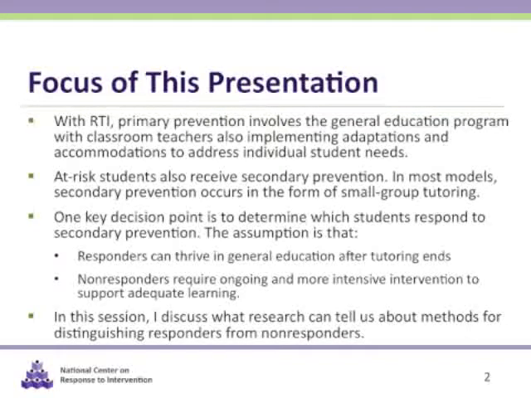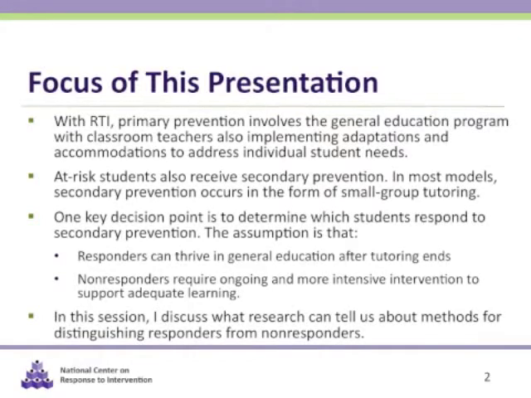One key decision point within RTI is to determine which students do and do not respond to secondary prevention. In making these decisions, we want to be as sure as possible that the children we designate as responders will in fact thrive in the general education program after tutoring ends.